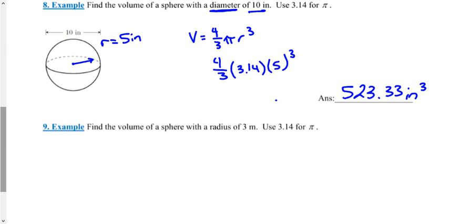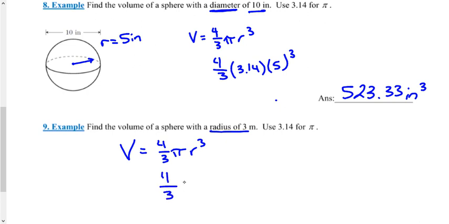Now for the second one here, find the volume of a sphere with a radius of 3 meters. So it's the same thing. It's still just a ball, except it's a little bit bigger of a ball because this is 3 meters and it's not a diameter of 10 inches. Also notice that they do give us the radius this time. So we're going to use 4/3 pi r cubed, and this time our radius is just 3.